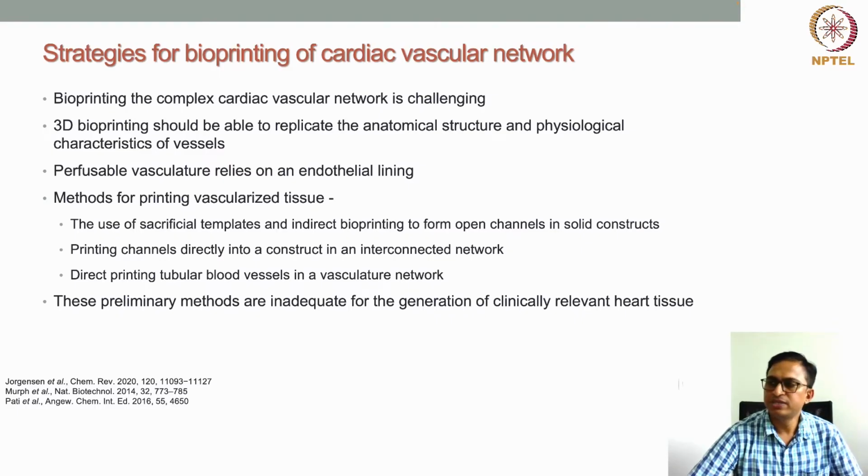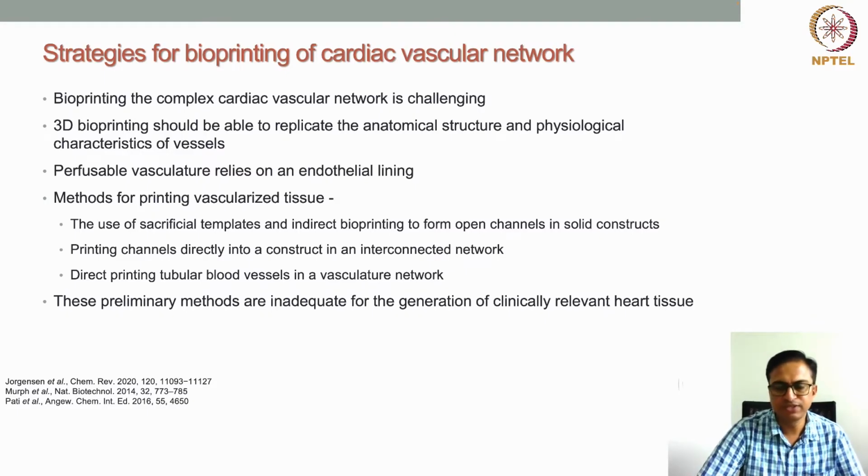When we print blood vessels, as I discussed in our earlier lecture, we use different strategies depending on whether it is a bigger or smaller blood vessel. The following are the methods by which vascularized tissue, especially vascular cardiac tissue, can be printed or has been tried, right?